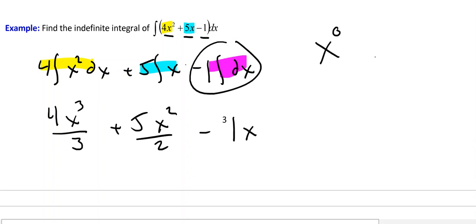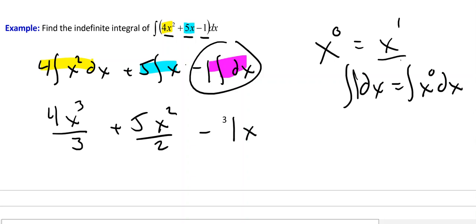So the integral of dx is the same as the integral of x to the 0 dx, because remember, anything to the 0 power is 1. And so if we apply the power rule to this, we get 1 over 1. And then let's just clean this up. So we have 4/3 x cubed plus 5/2 x squared minus x plus c.